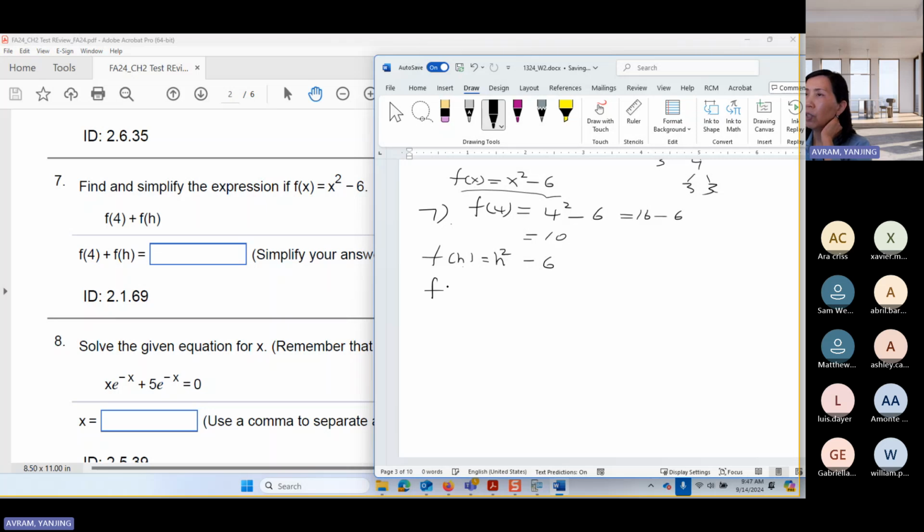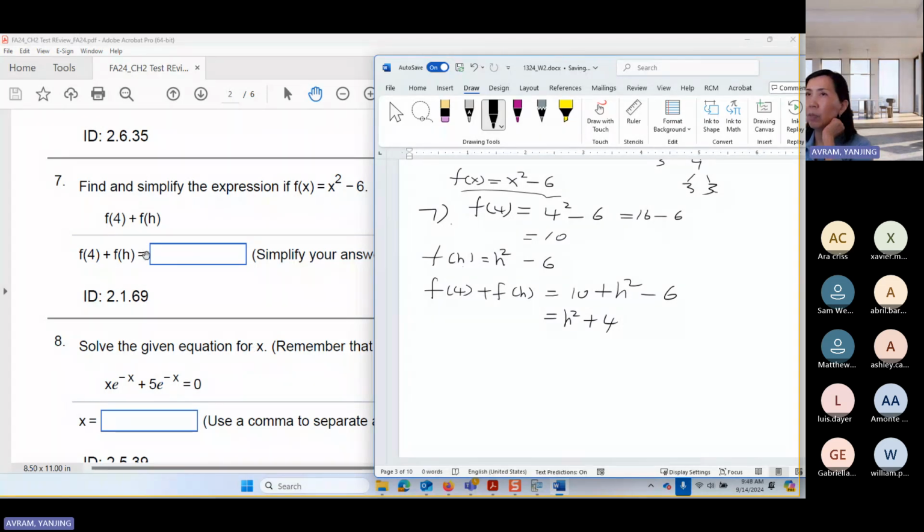All right, so if I want to do the addition, you have to have 3 steps. First step, find the f of 4, and then find the f of h, right? And then you just add these 2 together. So you have 10 plus h squared minus 6. So this whole thing will be h squared plus what? 4. That will be the answer.